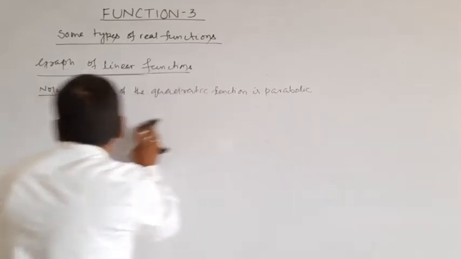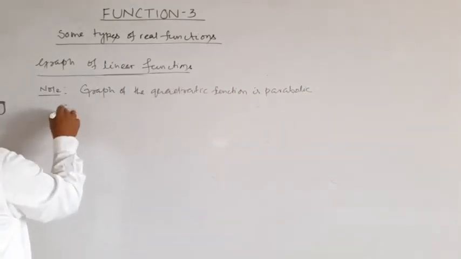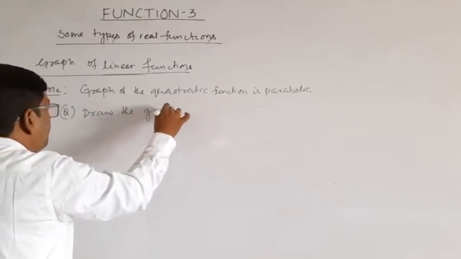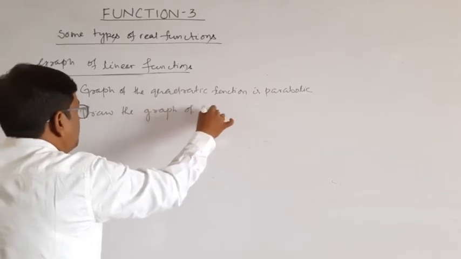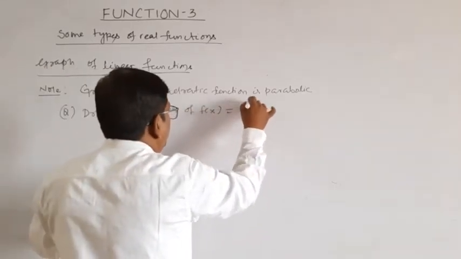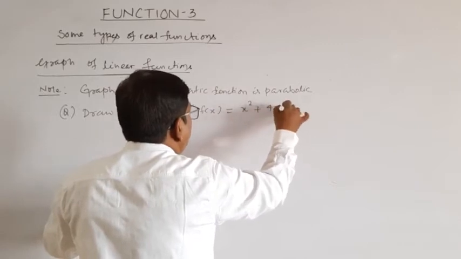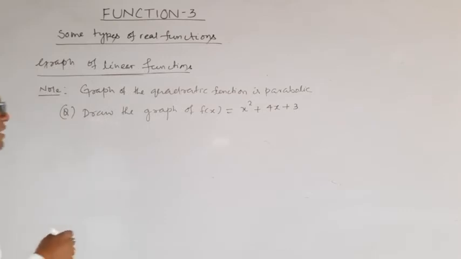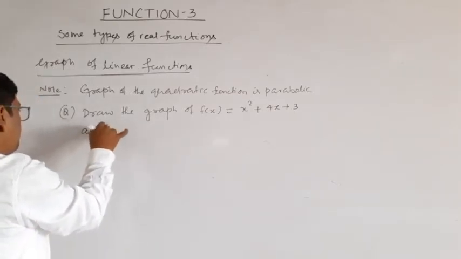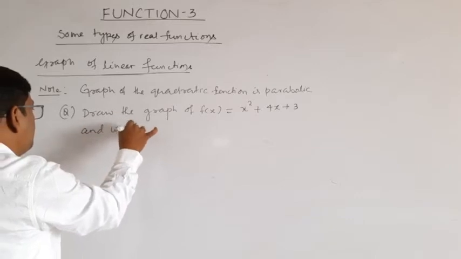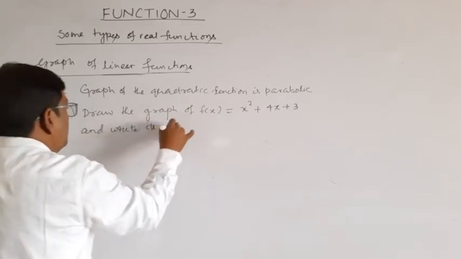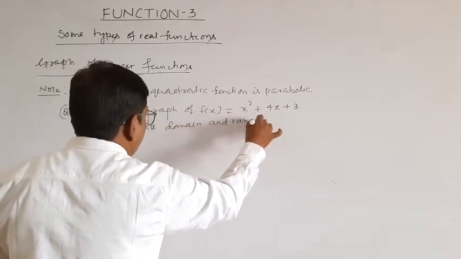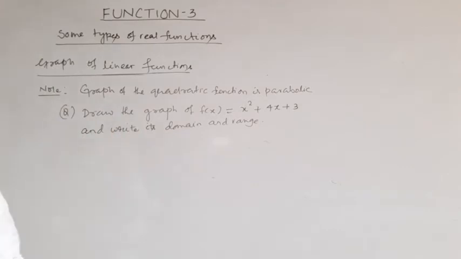Now draw the graph of f of x is equal to x square plus 4x plus 3, and write its domain and range.